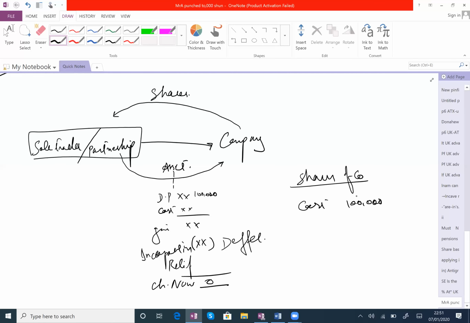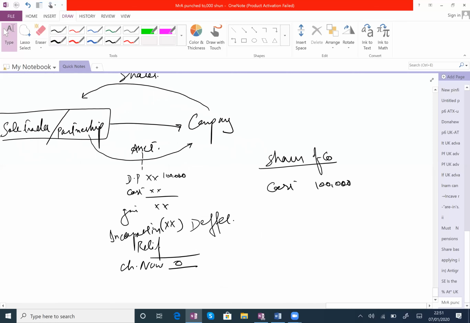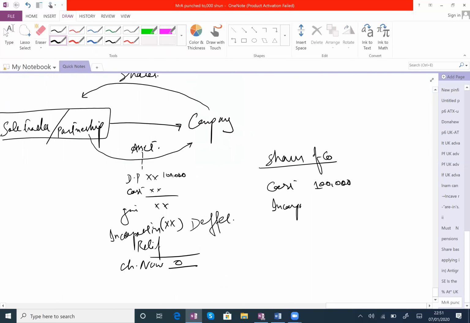So tell me, if I decrease the cost of the shares by the incorporation relief, the deferred gain, incorporation relief means deferred gain. So if today I reduce the cost by the deferred gain, tell me, if cost is decreased, will future gain be increased or not?